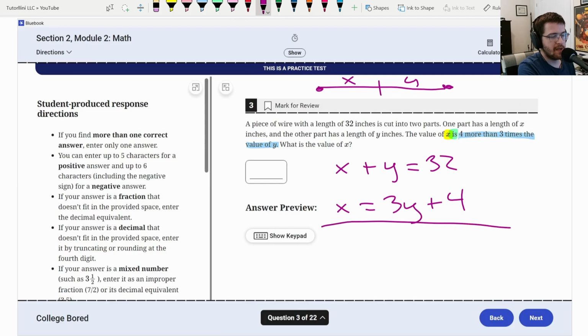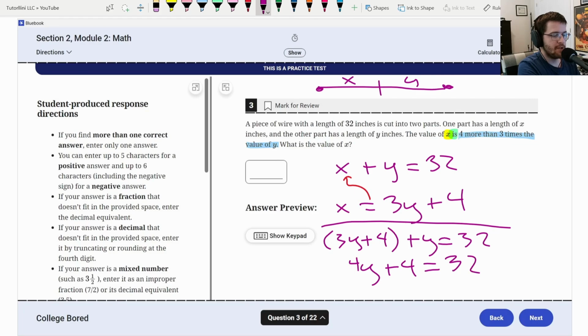We'll do this on Desmos in a minute, but you can also do this using substitution pretty quickly. We've already got x by itself, so how about we put this into the top one. So we get 3y plus 4 plus y equals 32. That's 4y plus 4 equals 32. You subtract 4 and you get 4y equals 28.